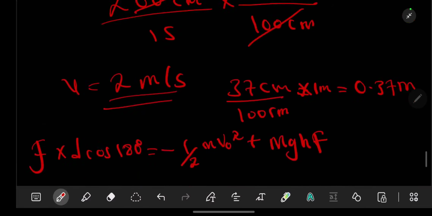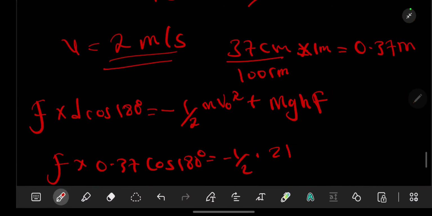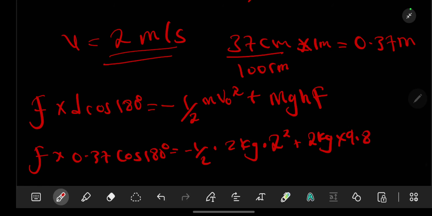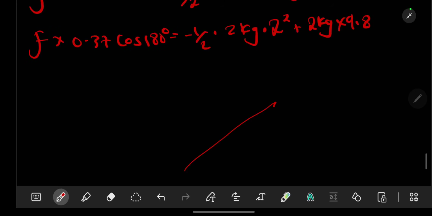So we are going to put the 2 kg by the initial velocity, which is our 2 squared. Then we have plus, what is our mass? It's 2 kg. Then we have our 9.8 times the height final. So the height in this case, remember, it is the potential energy.